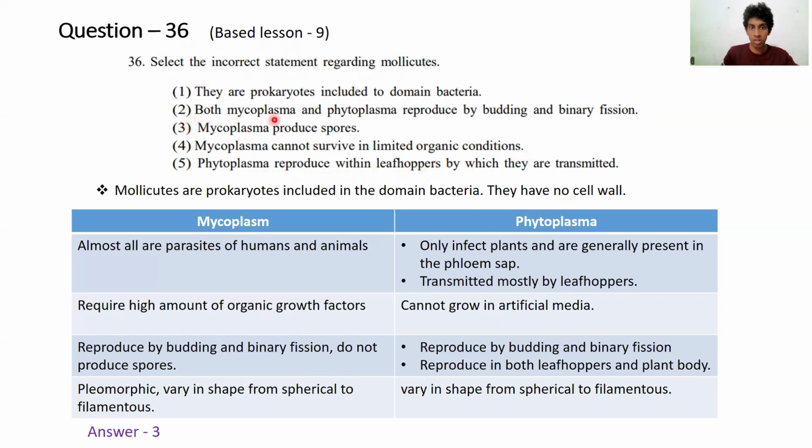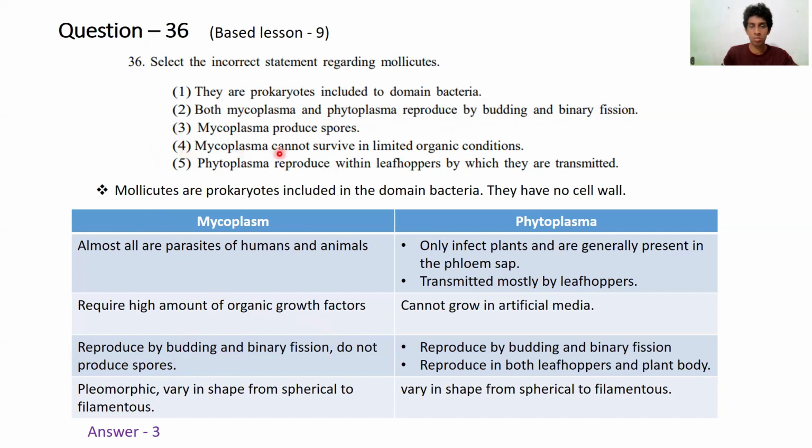Second one, both mycoplasma and phytoplasma reproduce by budding and binary fission. That is correct. They can both reproduce by budding and binary fission. Third one, mycoplasma produce spores. That is wrong. Mycoplasma do not produce spores. Therefore, third one is incorrect.